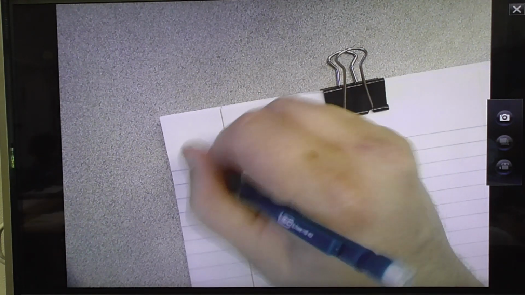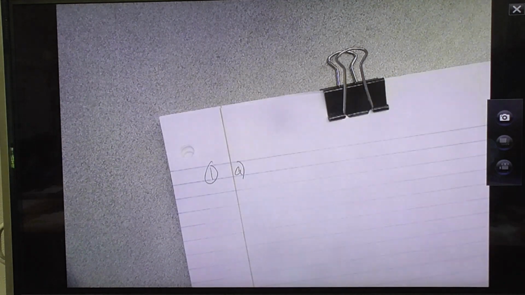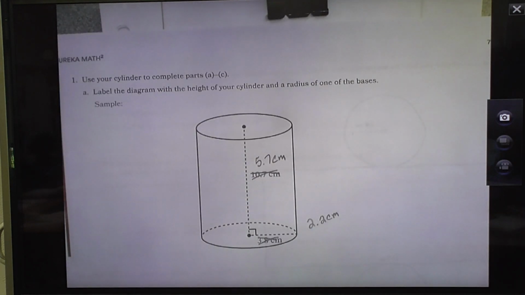And in problem number 1, they want us, in part A anyway, to first measure the height and to measure the radius of one of the bases. Now, in my book, when we're doing it in centimeters too, by the way, my book's the same size as yours.